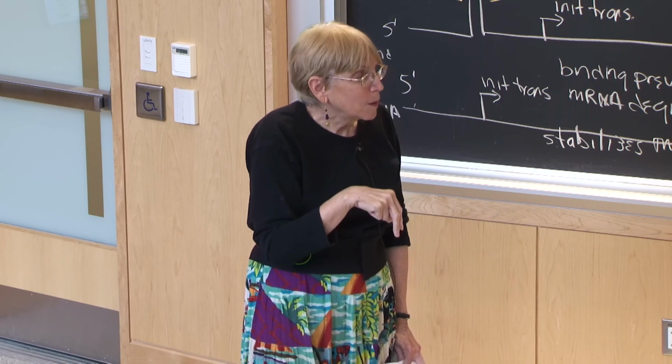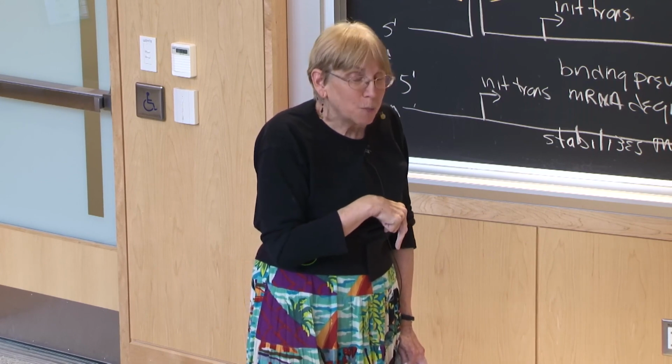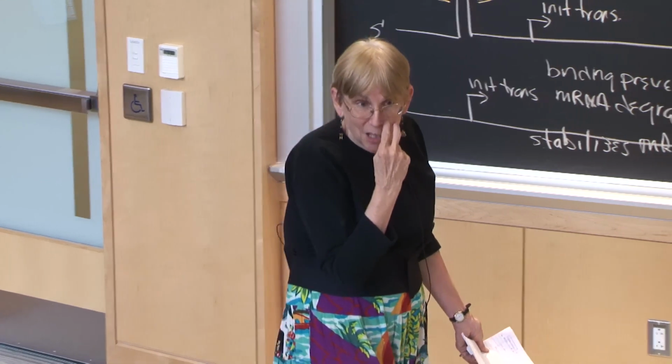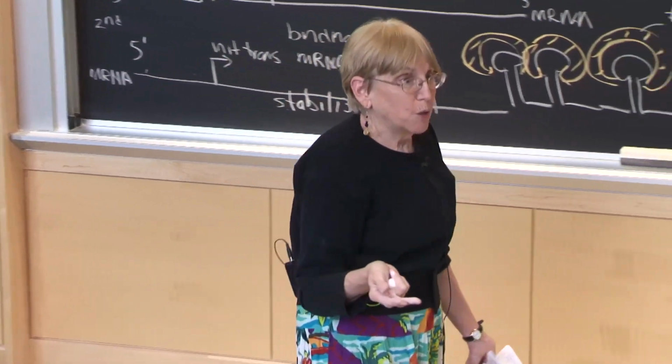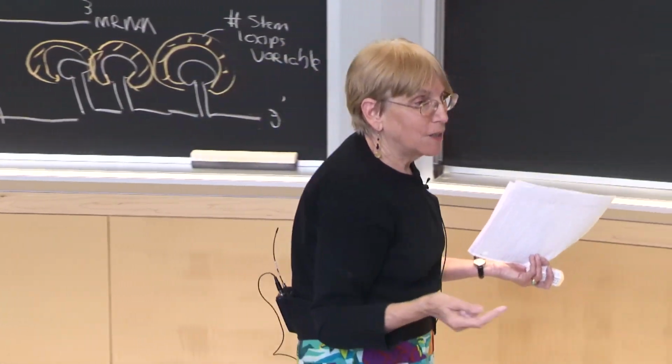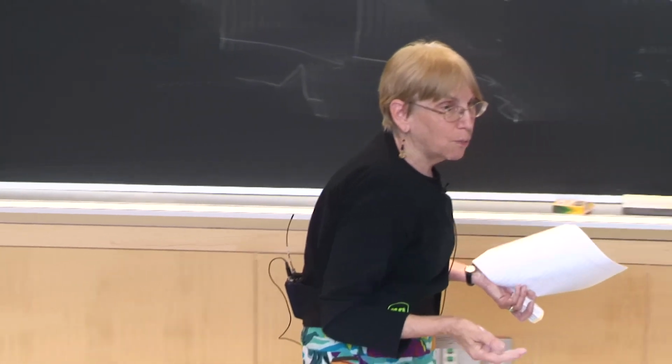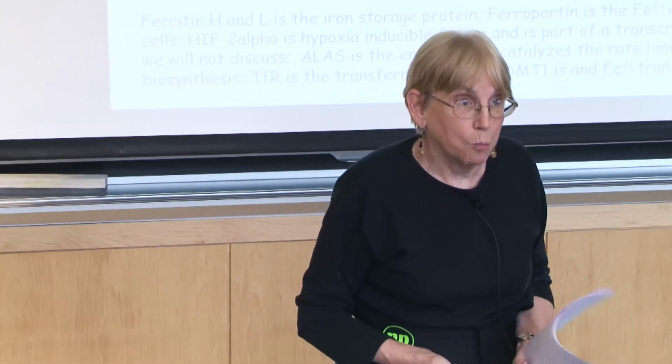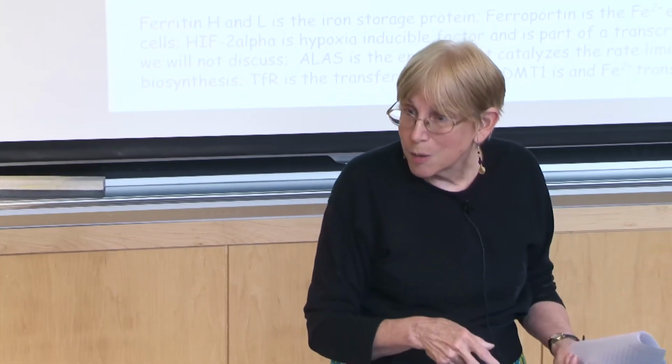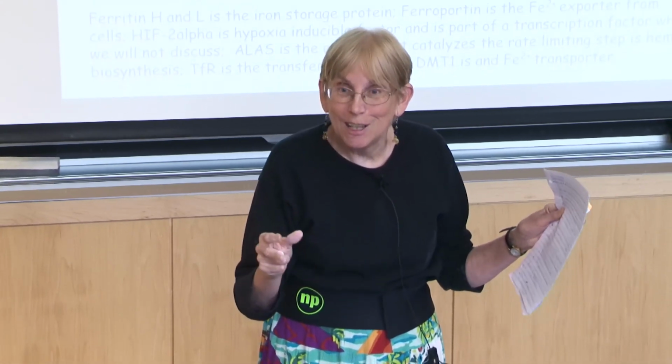And in fact, what you would like to be able to do, say you had not very much iron, where would you want to put your iron? Would you want to put your iron in some metabolic pathway that's not so important? Or would you want to put your iron in a metabolic pathway that's very important? You'd want to put it into the pathway where you really need it to survive. And so this is a subtle tuning on all of this.